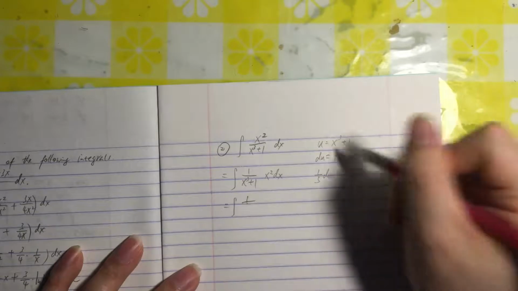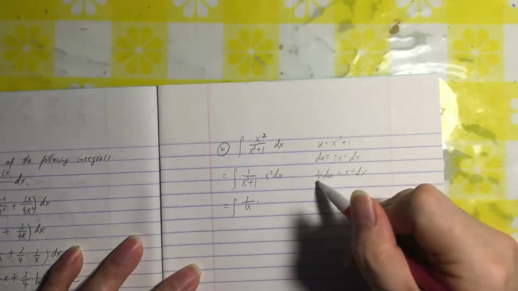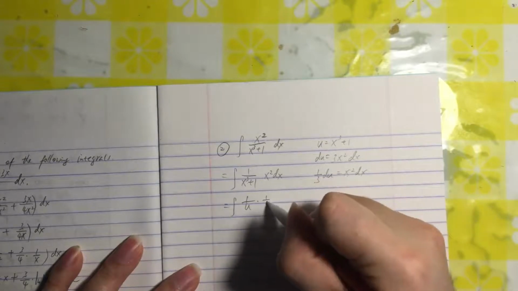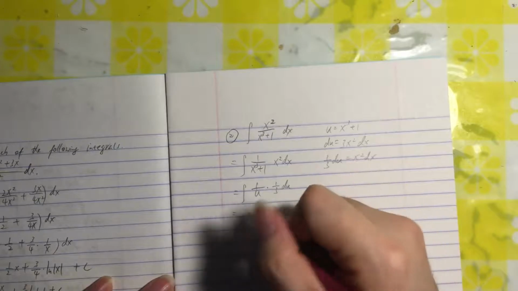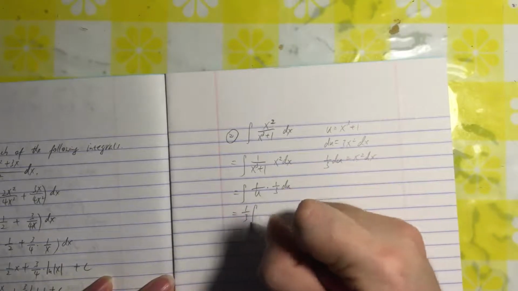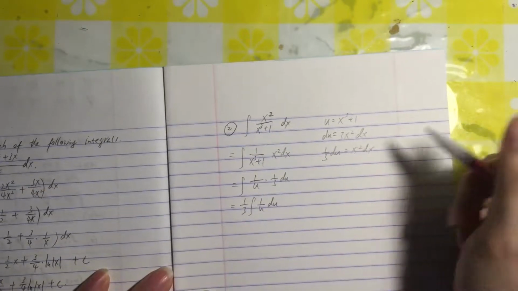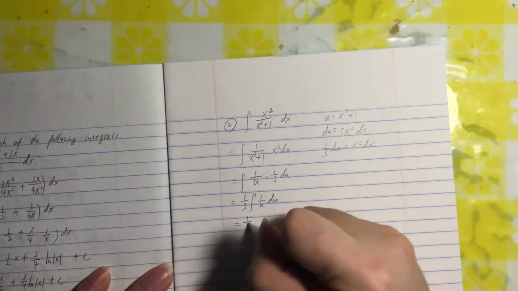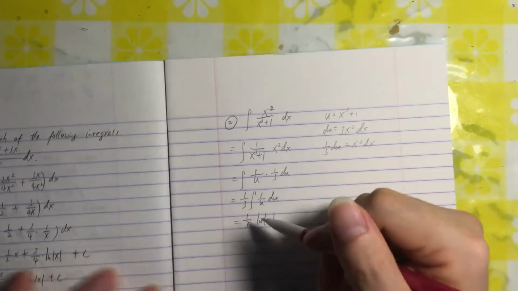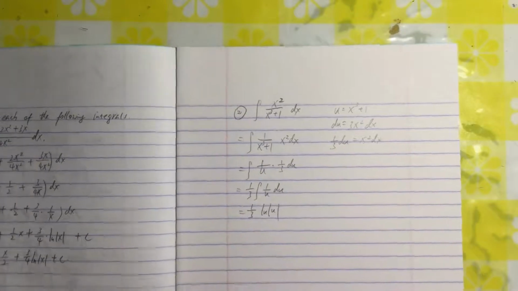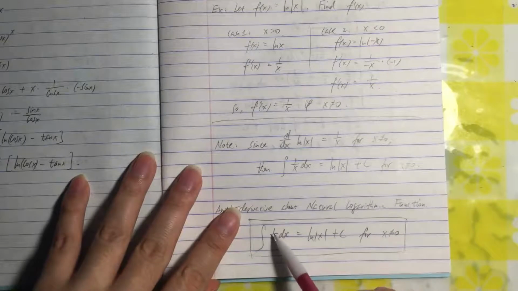X cubed plus 1 is u. X squared dx is 1/3 of du. Then 1/3 is a constant, I can put it outside. I get 1/3 of integral of 1 over u du. Next, take the antiderivative for 1 over u. Antiderivative of 1 over x is ln of absolute value of x, so same thing for 1 over u.